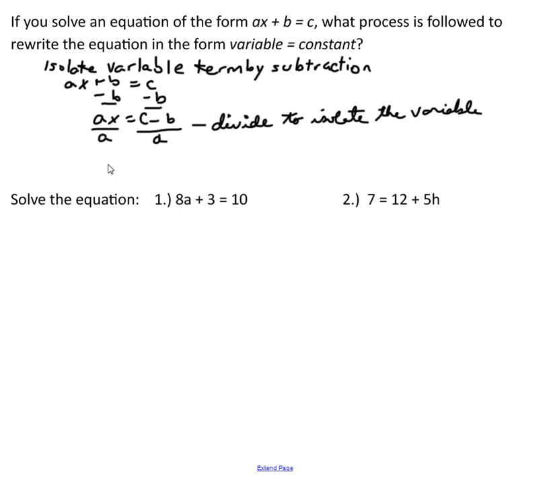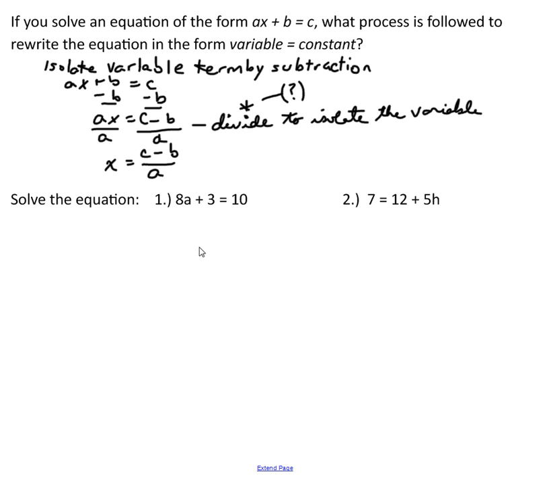Okay. So in this case, x would equal whatever we get from c minus b over a. I'll make a quick note right here that it doesn't have to be division. It could also be a multiplication if it involves some kind of fraction, right? We're multiplying by a fraction, or multiplying by a reciprocal of a fraction, and so on.